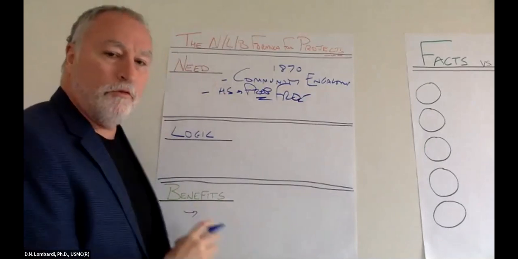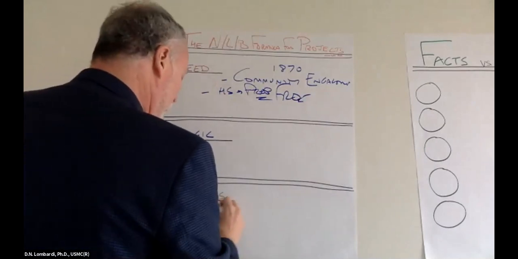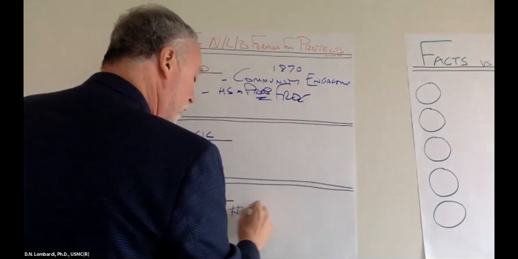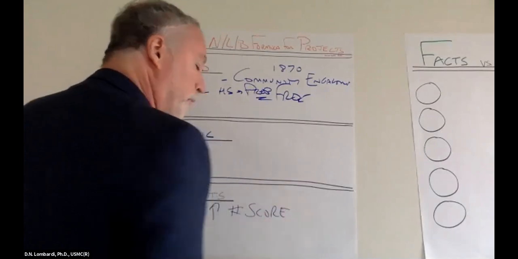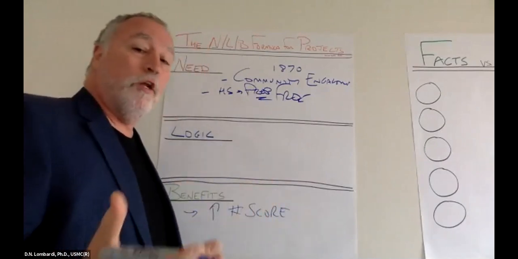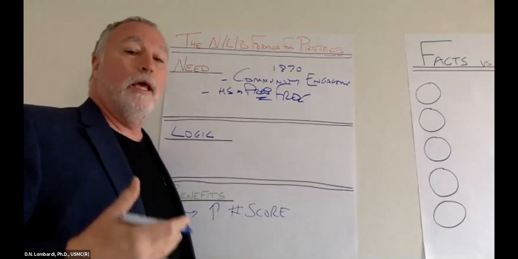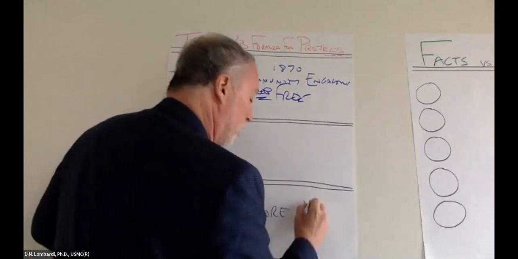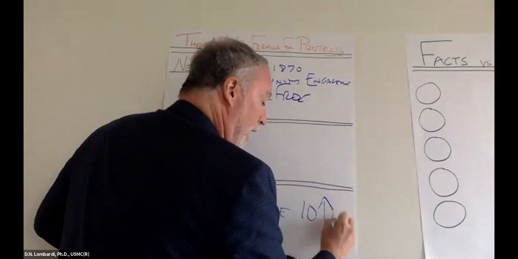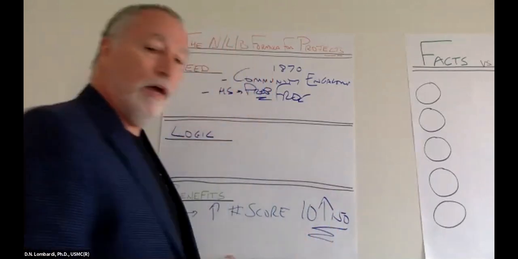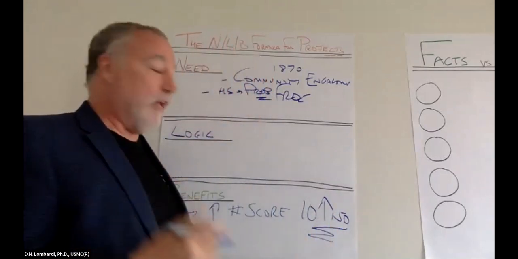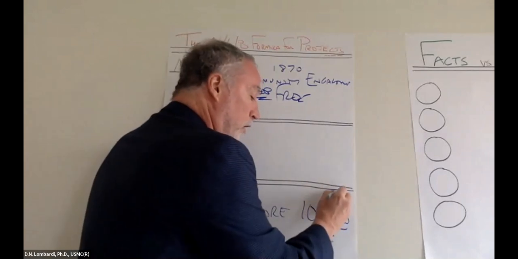So if I jump down to the benefits, we wanted to make sure that we raised the score of our participants. By the way, we've been very fortunate because the students that have taken SATMax usually go up between 10 and 150 points after taking the test. In fact, the average is about a 50-point improvement.